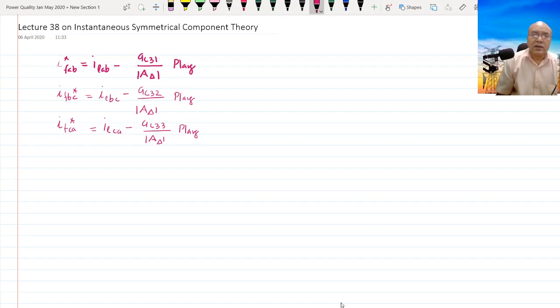Do you remember the value of the A matrix, the A delta matrix, for this particular case, for this delta connected load configuration?